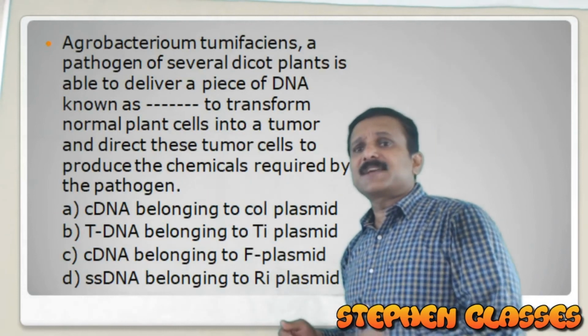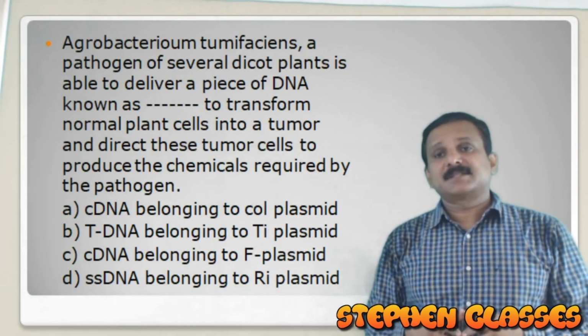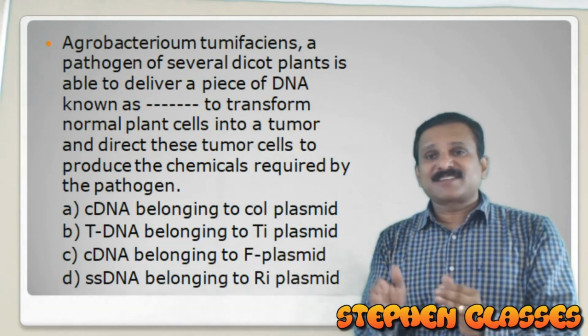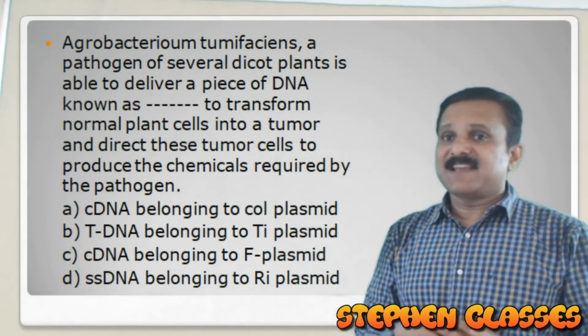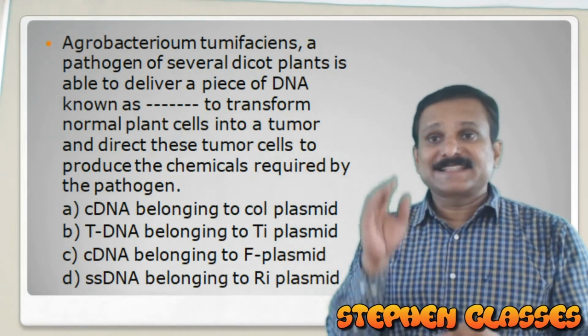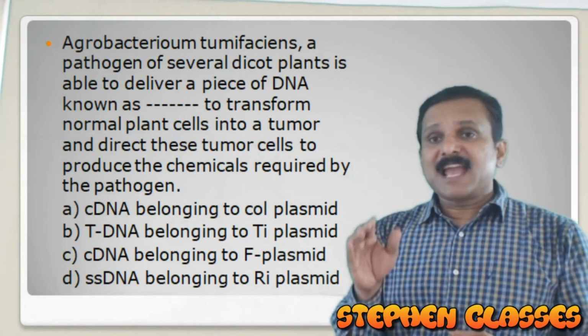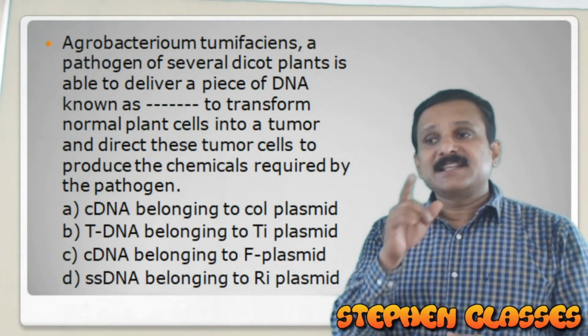So we move to our next question. It is about Agrobacterium tumefaciens. Agrobacterium tumefaciens is a very good vector for plants because it has a property of inserting Ti plasmid into plant cells, and this Ti plasmid has T-DNA or tumor causing DNA.